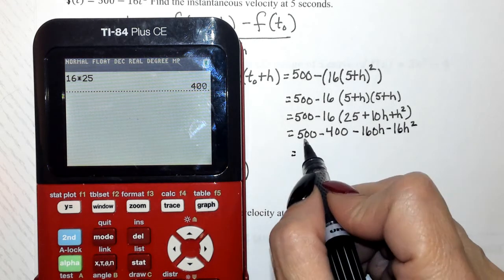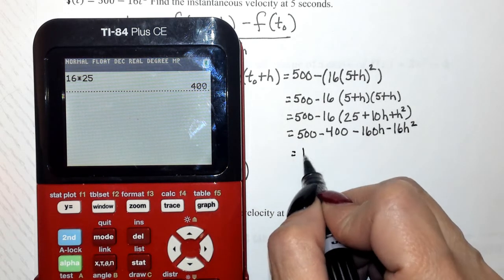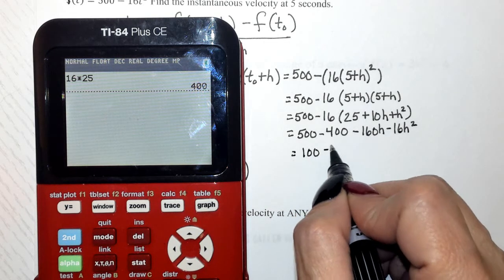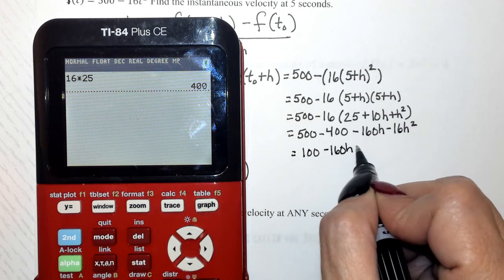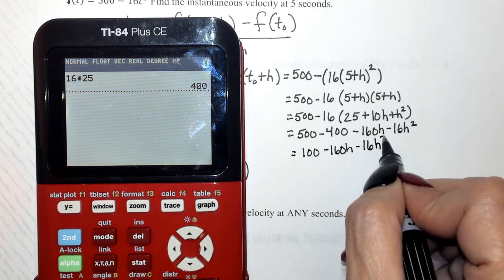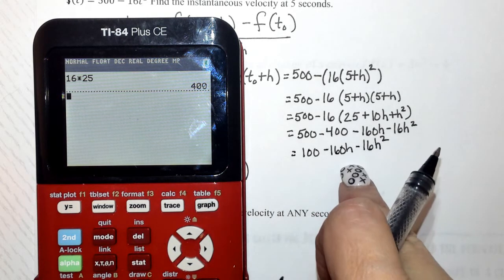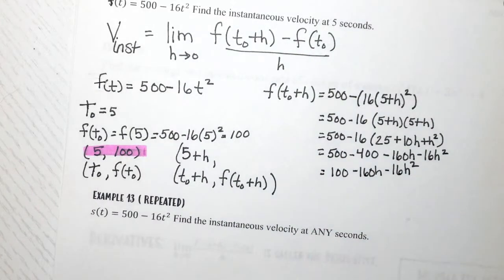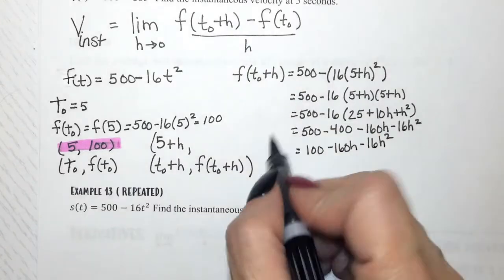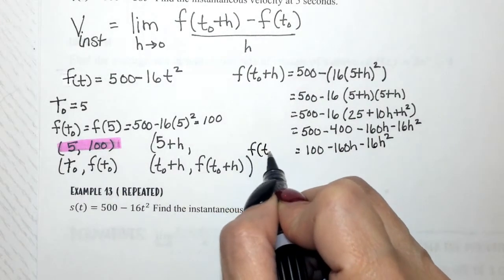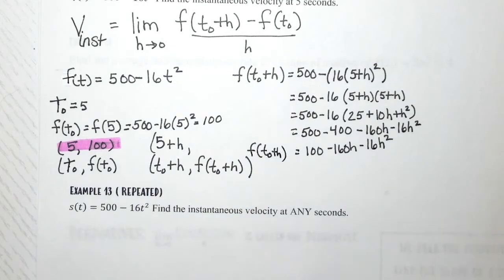All right, 500 minus 400 will be 100, minus 160h, minus 16h squared. Okay, so I'm feeling pretty good right there. I feel like I have my f of t naught plus h.